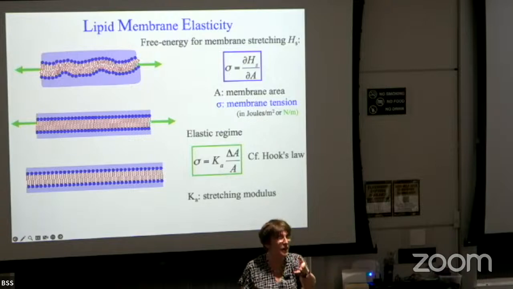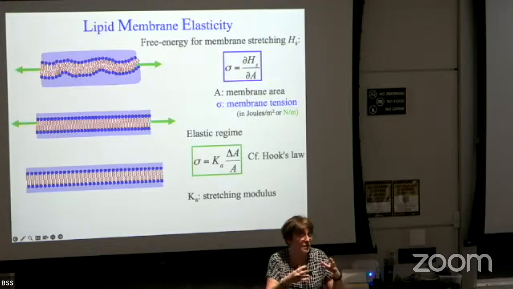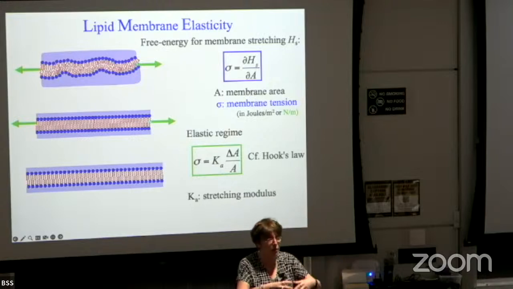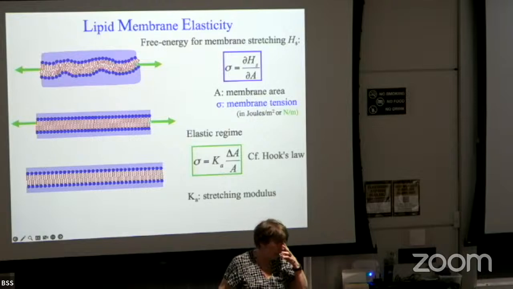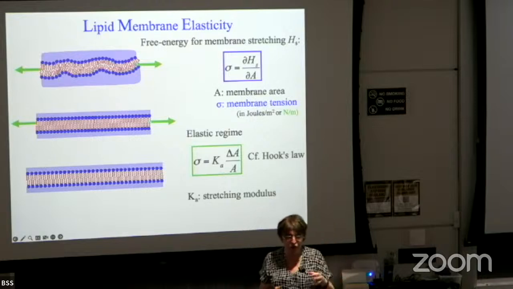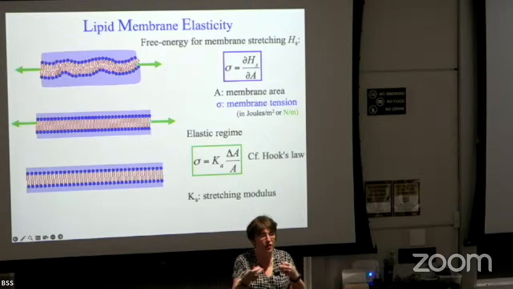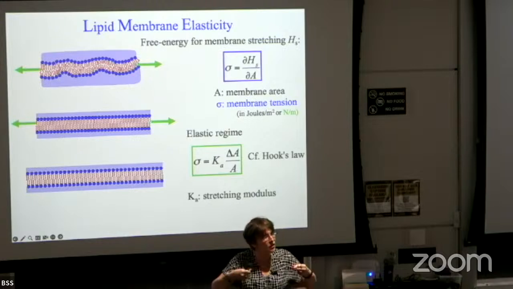And as Marcus said, I will go after that to the bending modulus, which is also intrinsic to the material. But it means that if we have vesicles, its tension is not fixed. It will depend on how many lipids you have, so on the area and on the volume. That's it. Maybe I was not so clear, but it's not so easy to change this tension by simply changing the volume. So there is another technique I'm going to present now, which is much more controlled, at least to stretch it, right?